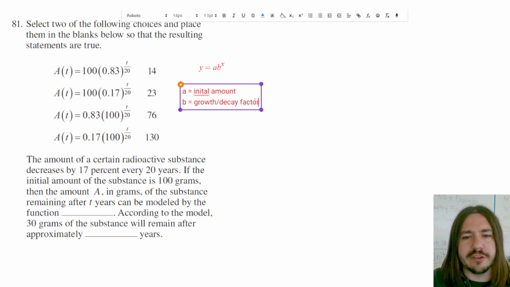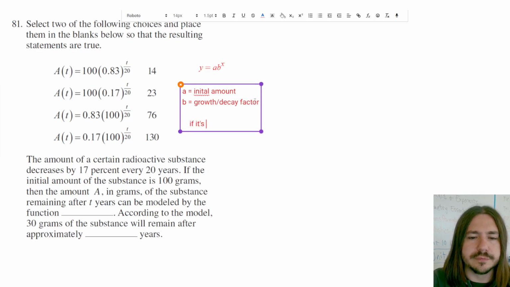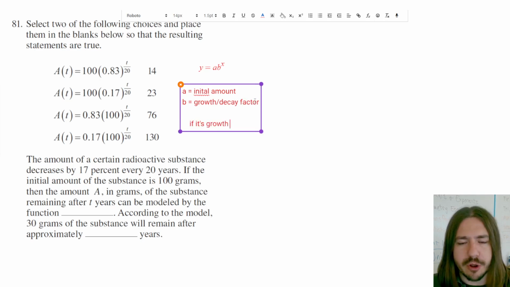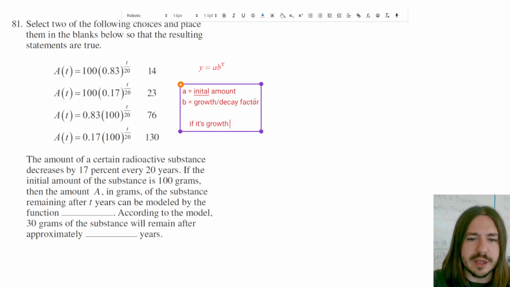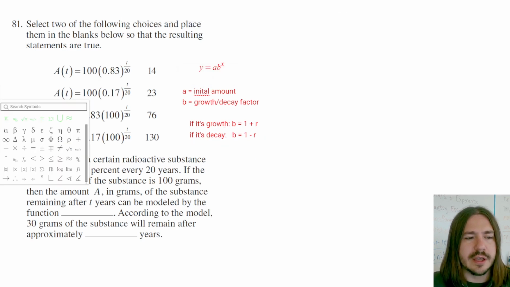If it's growth, meaning a population is growing by some exponential rate, then B is 1 plus whatever that growth rate is. If it's decay, then B can be computed by doing 1 minus the rate. This one says the amount of the radioactive substance is decreasing, so this is going to be decay, and we compute B as 1 minus the rate.